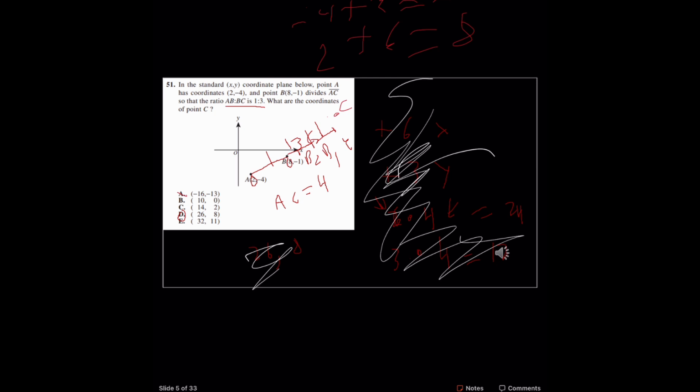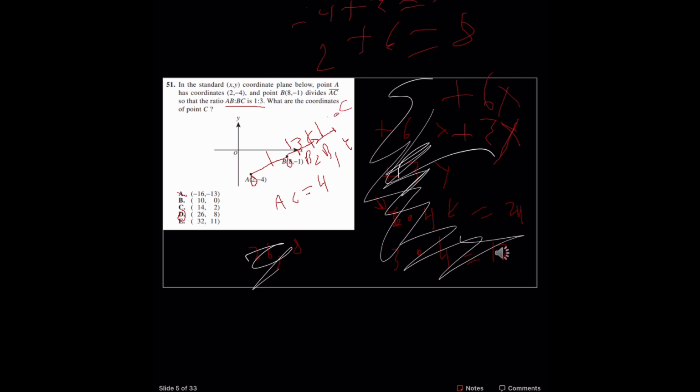So we know that basically we added 6 to the x and 3 to the y. So knowing that, we can literally just multiply this ratio by 3. So we added 6, right? And it says the ratio is 1 to 3.